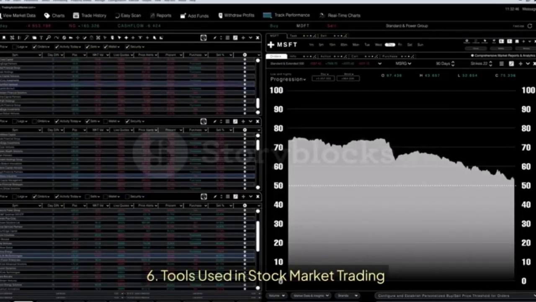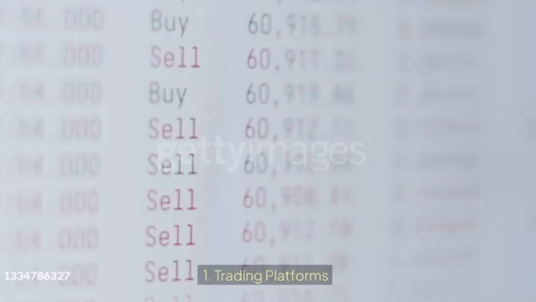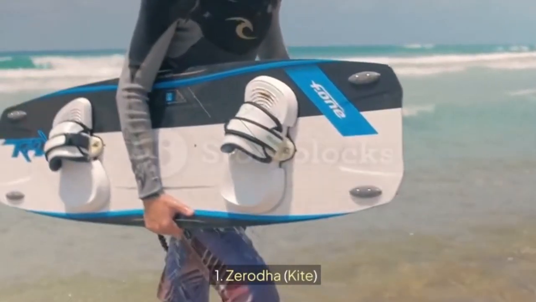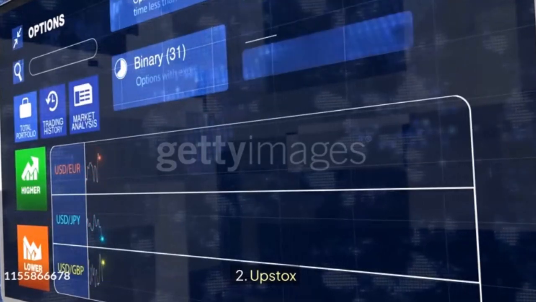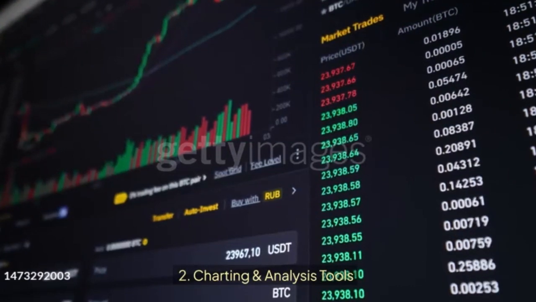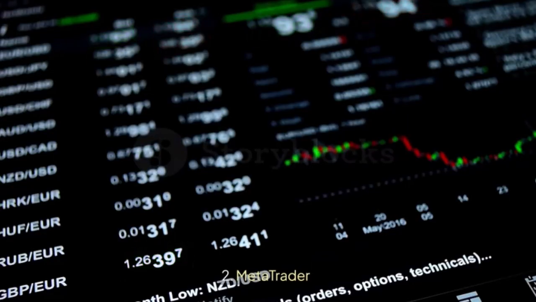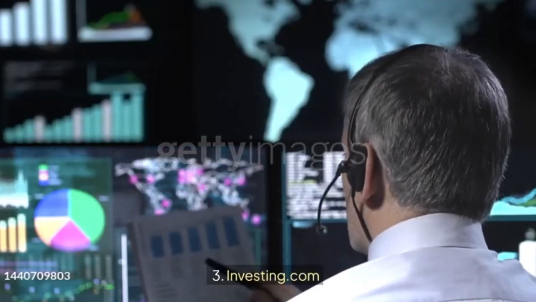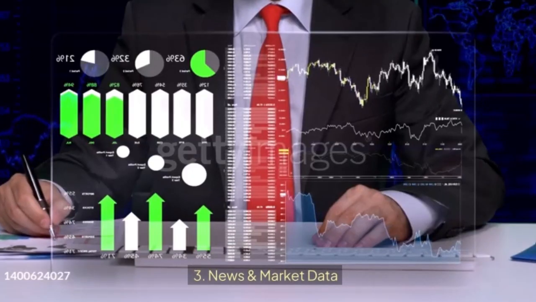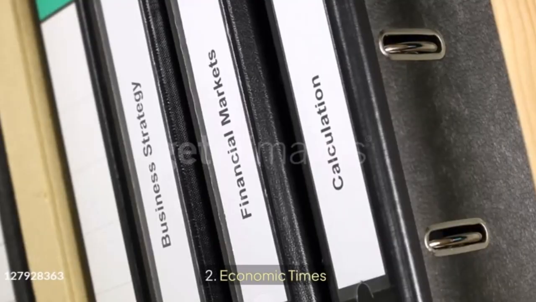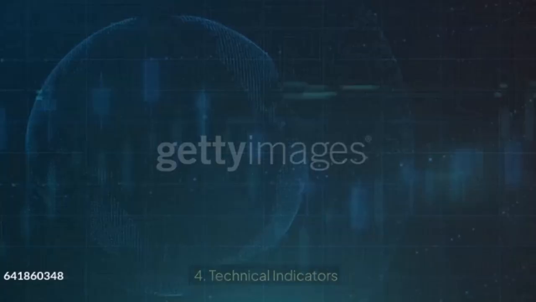6. Tools used in stock market trading. 1. Trading platforms: Zerodha Kite, Upstox, Angel One. 2. Charting and analysis tools: TradingView, MetaTrader, Investing.com. 3. News and market data: Moneycontrol, Economic Times, Yahoo Finance. 4.